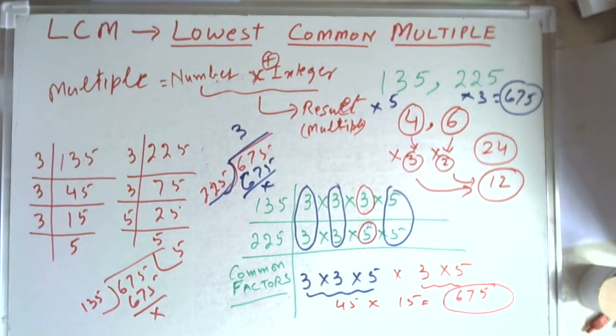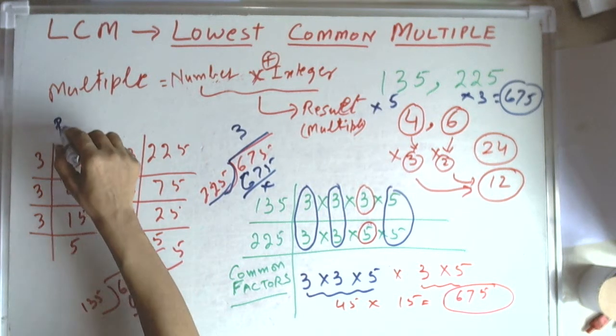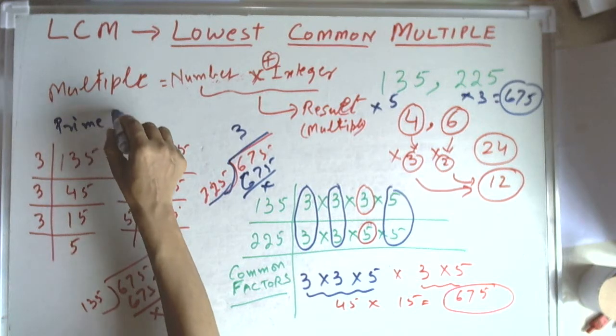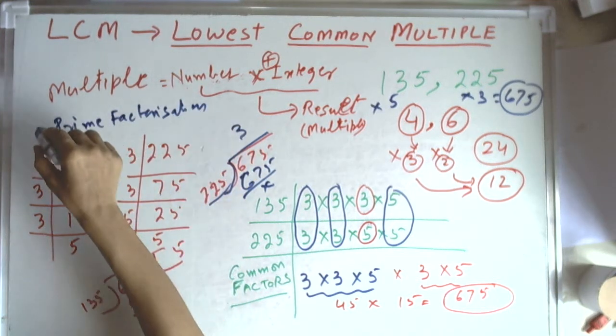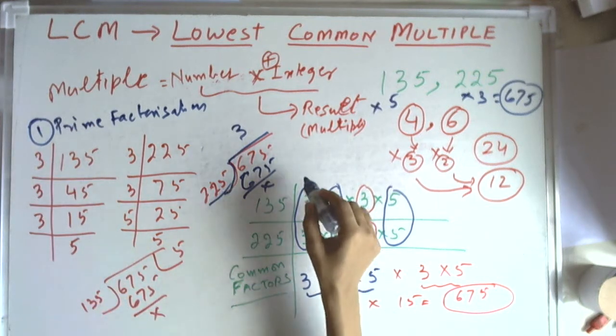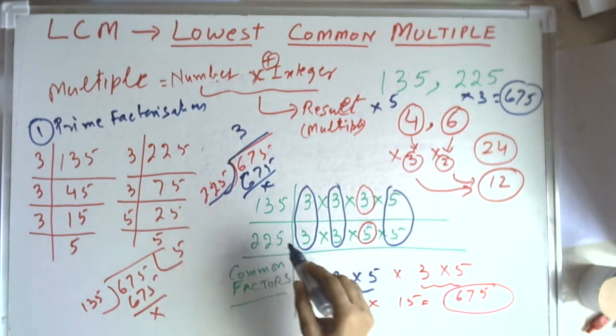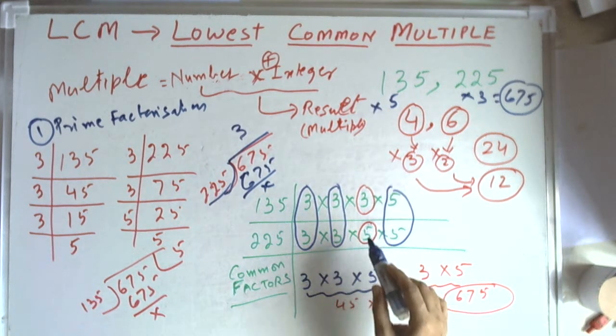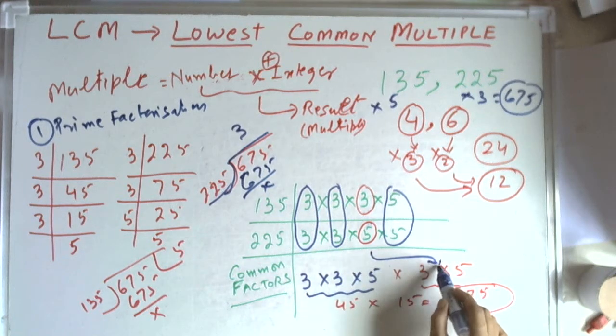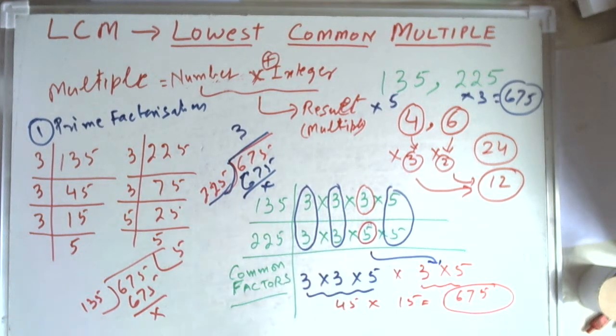First we have to do prime factorization. This is step number 1. After that we have to make this table, where we have to take the common factors. The common factor is to be counted only one time, whereas the factors which are not common will also get multiplied, to get the lowest common multiple.